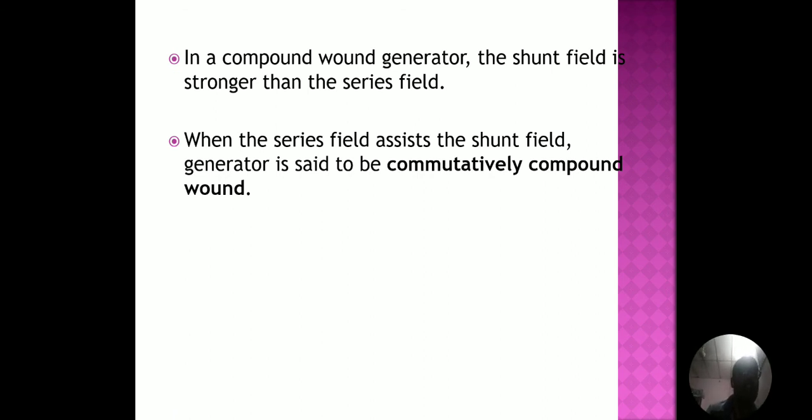And the self-excited DC generators are of three types: series type of generator, shunt type of generator, and compound type of generator. And the compound type is further classified into two types, that is short shunt and long shunt.